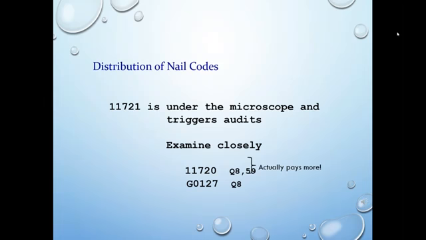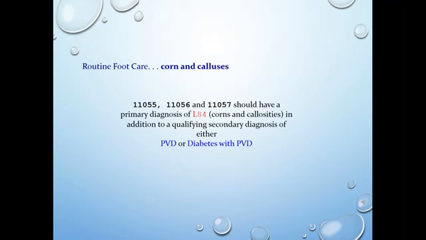And in the end, will pay you just a few dollars more than just using 11721 exclusively. I know I've spoken with many of you over the last several months on calls, and some of you are starting to change your billing habits, and it's a good thing, because it's going to keep you away from those audits more than anything else.